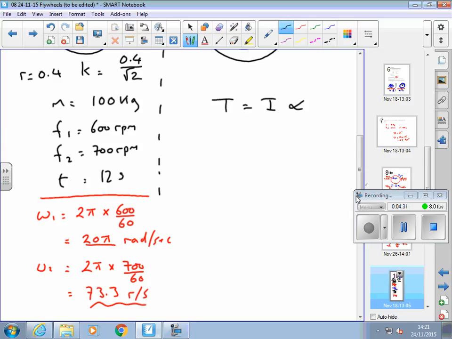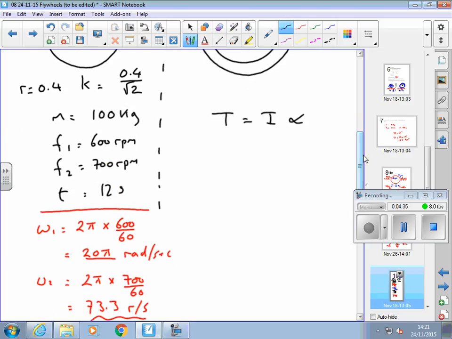I know for a rim type flywheel that I equals the mass times k squared. So the torque is going to equal the mass times k squared for a rim type flywheel times alpha, and alpha is omega 2 minus omega 1 over the time.